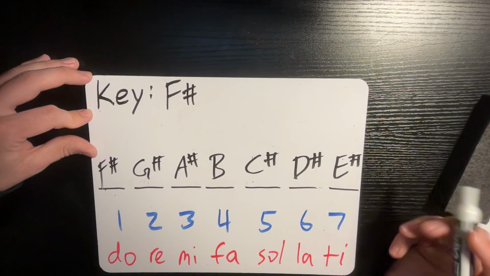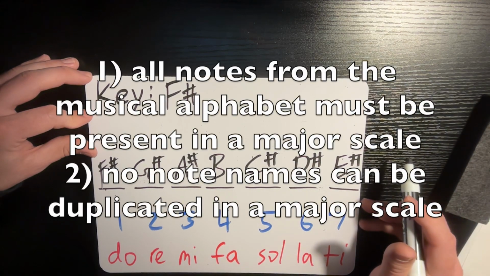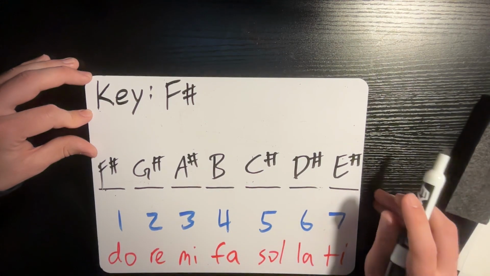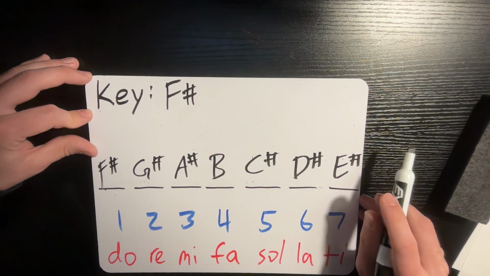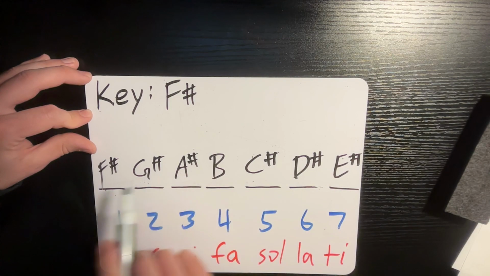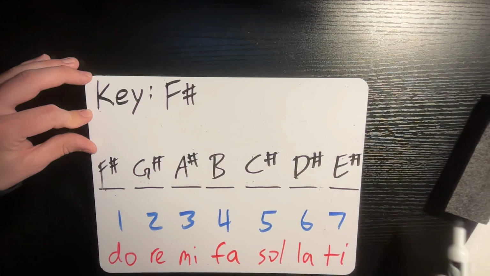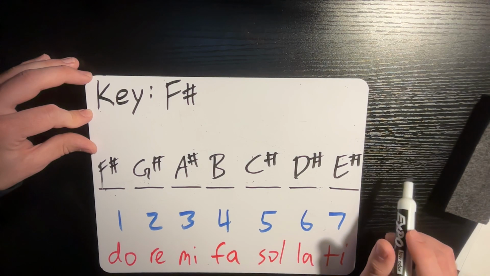But the rules of the major scale are that you have to have every single letter, all seven of them, from the musical alphabet. You can't repeat any letters from the musical alphabet. For instance, you can't have two Fs in the F sharp major scale, even though E sharp is the same key as F on the piano keyboard.